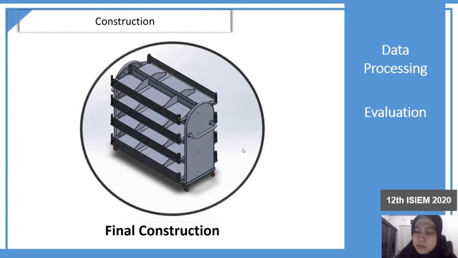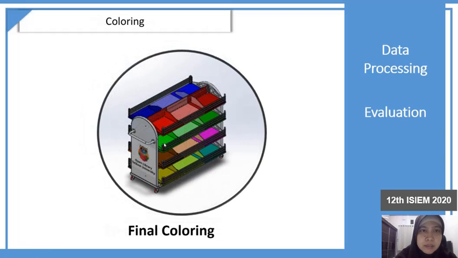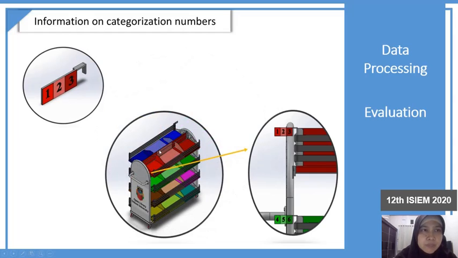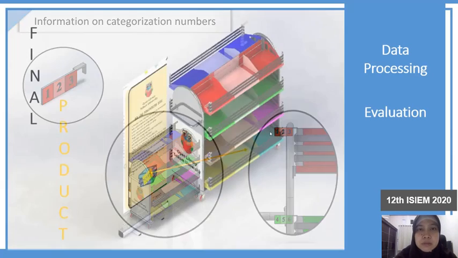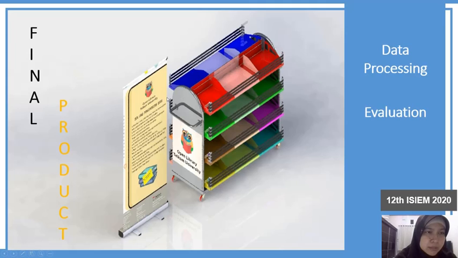After the evaluation, this is the final construction, and then this is the final coloring, and then after that we put some information on categorization number in here. And then this is the final product.